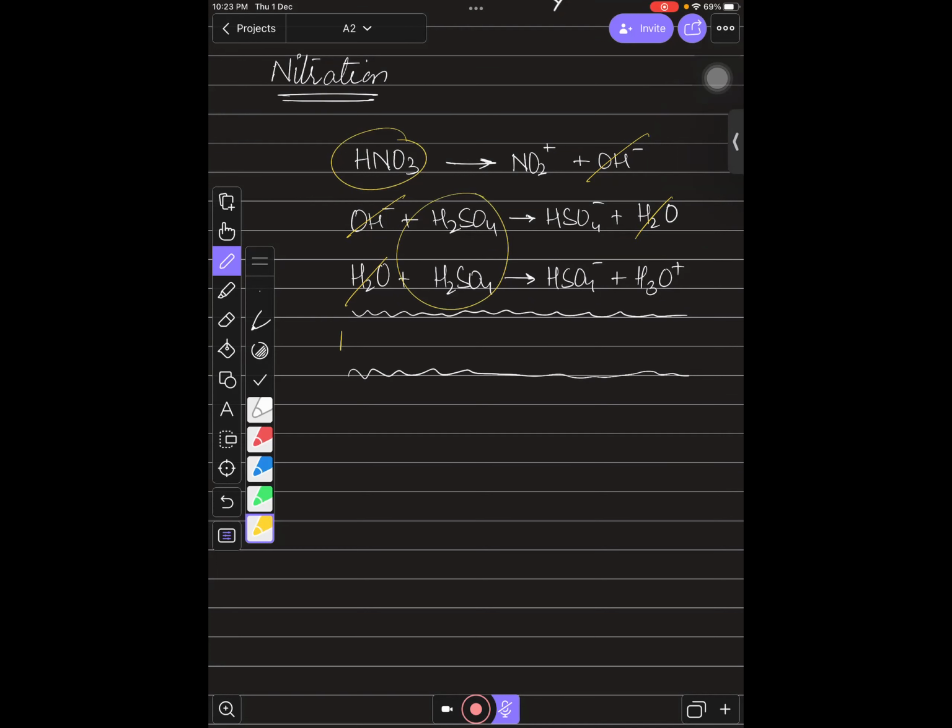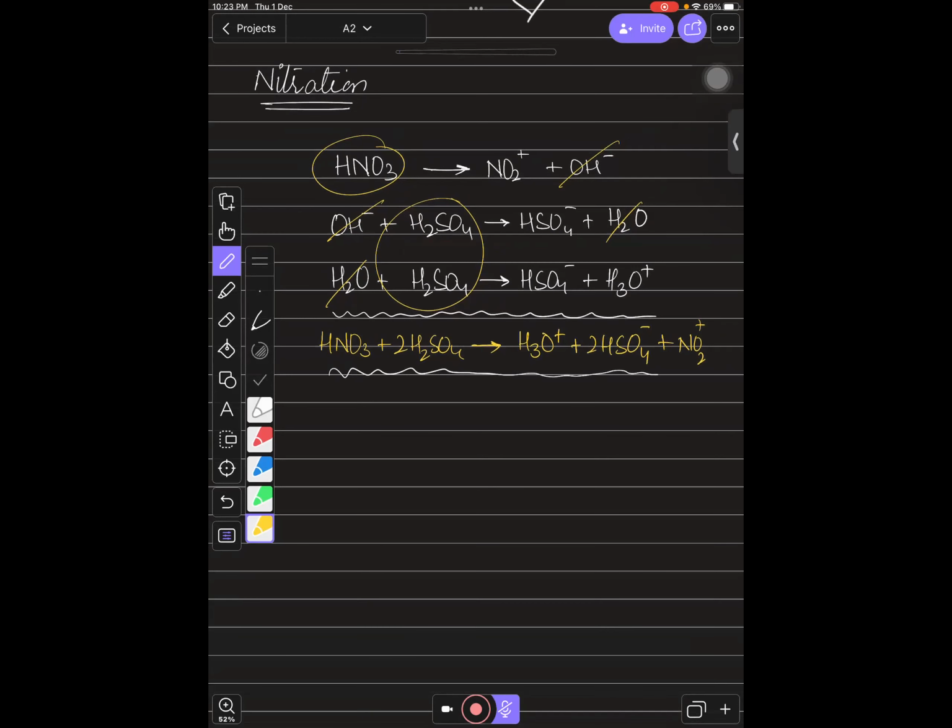So you just need to remember: one nitric acid reacts with 2 sulfuric acids, and what forms is 1 hydronium ion, 2 hydrogen sulfate ions, and 1 NO2 plus ion. This is what you need to remember. This overall equation you need to remember.